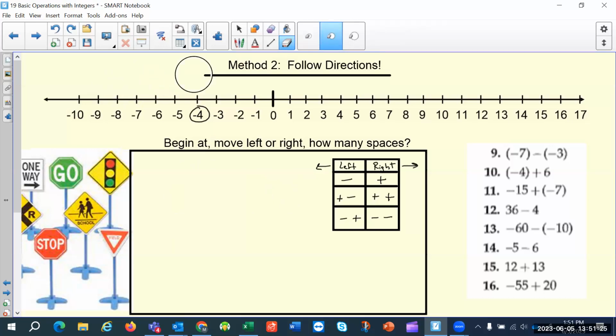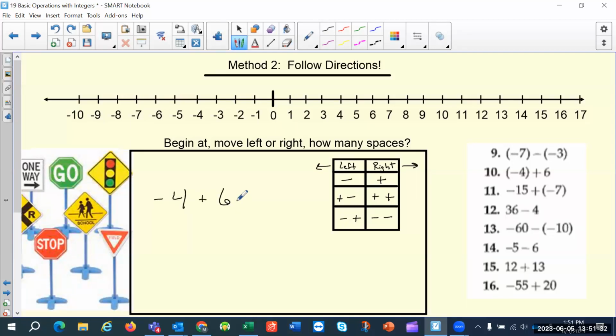-4 plus 6. Okay, we're starting this time at -4. We're moving 6 spots. So we're starting here at -4. The only question is, are we going to the right or are we going to the left? And that's where you're looking at this sign right here.